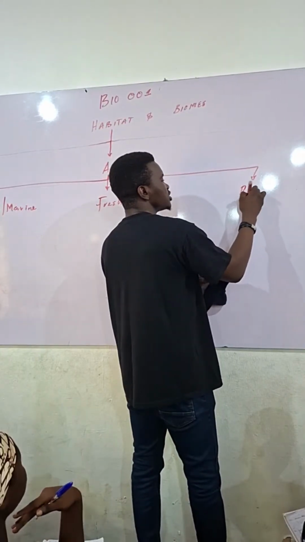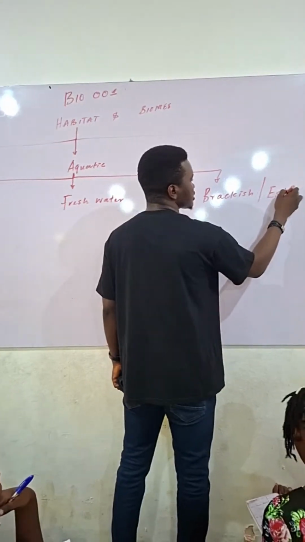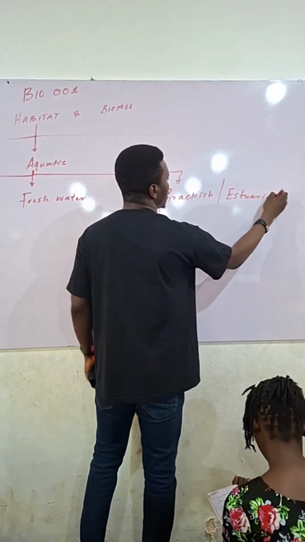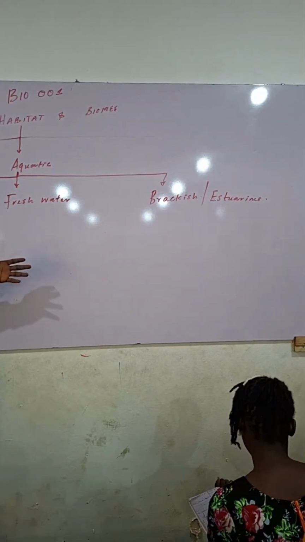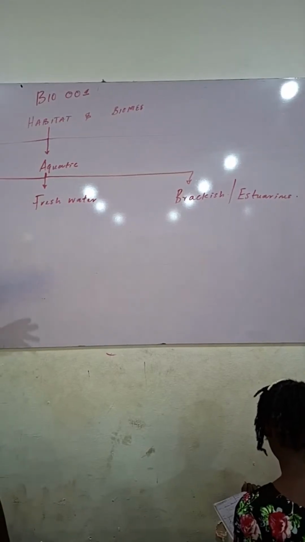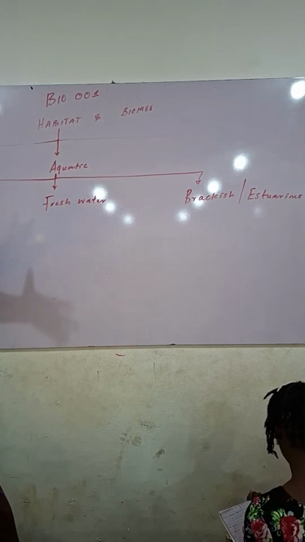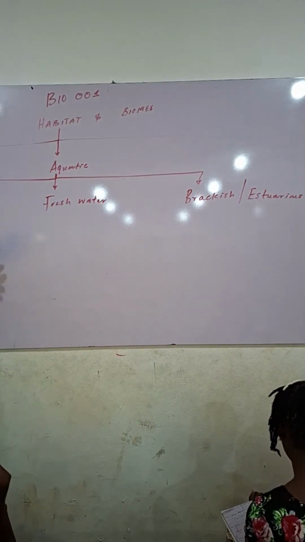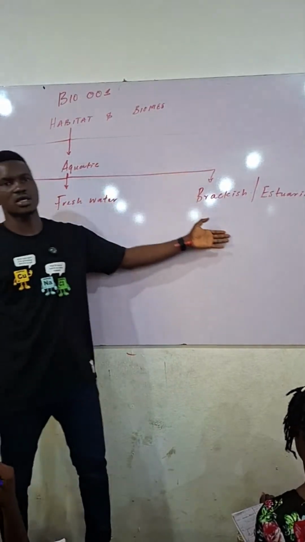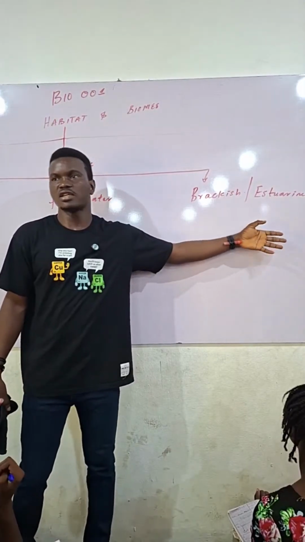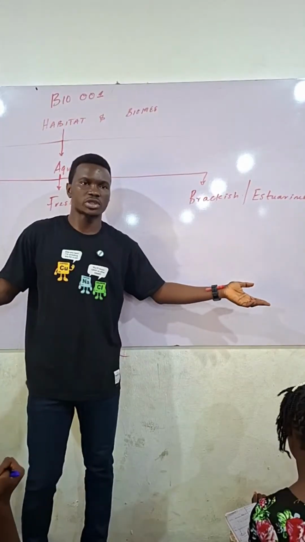Then you have the brackish or estuaries. Now, these are the three major types of aquatic habitats you have. Some animals live in marine habitat, and that's the largest. Some animals live in freshwater habitat, while some live in brackish or estuaries. There are different types of freshwater, different types of brackish, different types of oceans.